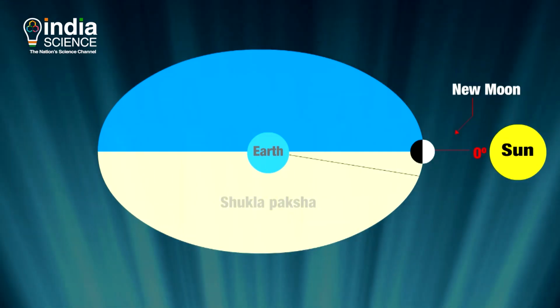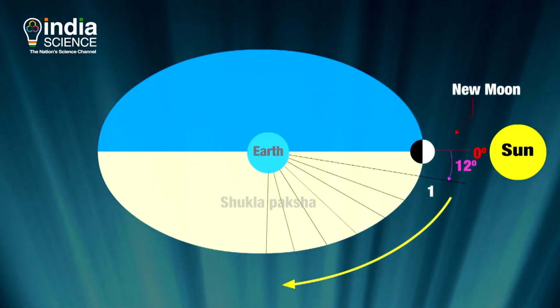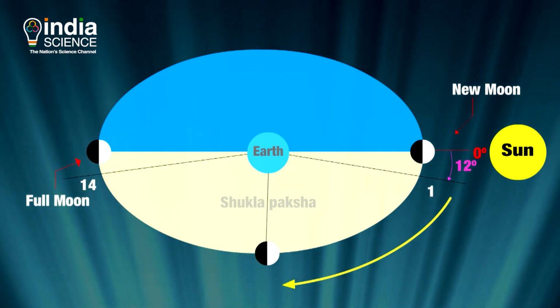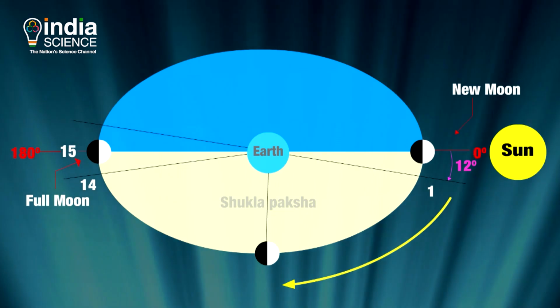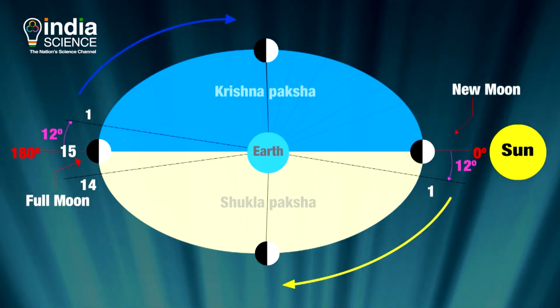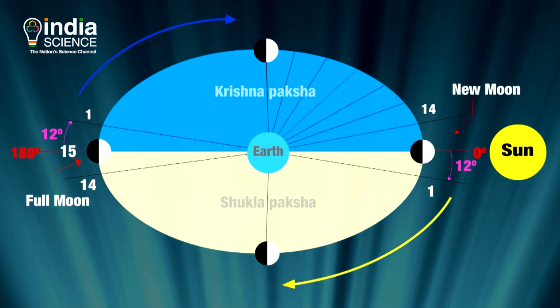Thus, each 12-degree portion of angular distance between the moon and the sun, as it appears from the earth, is the tithi.